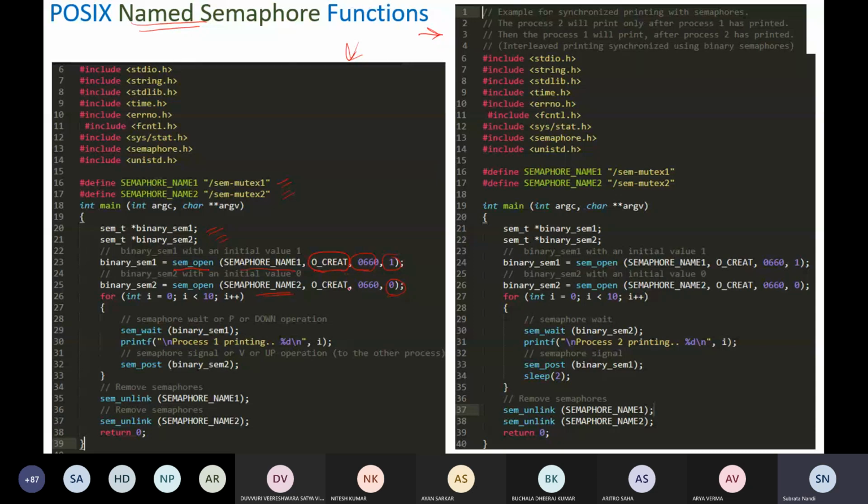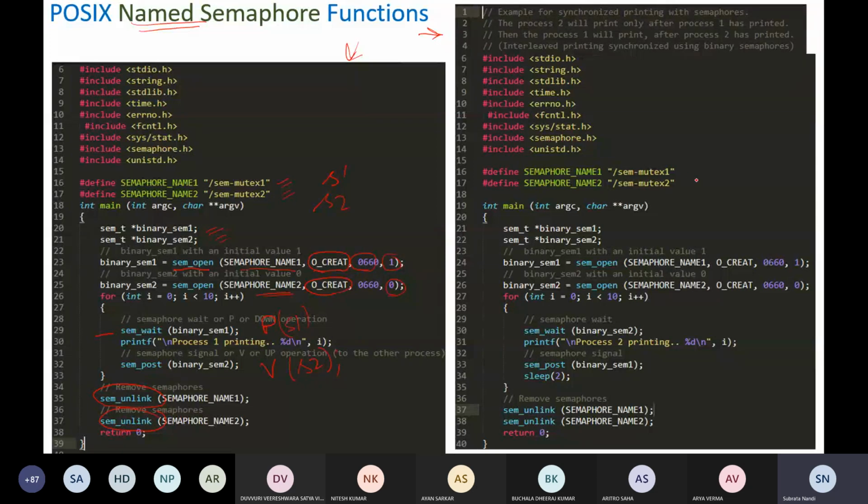Within this, 10 times this process executes a P operation on binary semaphore 1, then it prints process 1, and then there's a V operation on semaphore 2. So it's P of s1 and V of s2. After that it will unlink semaphores 1 and 2 both.